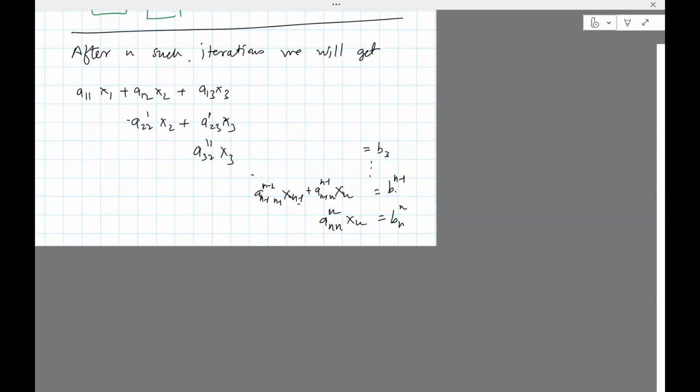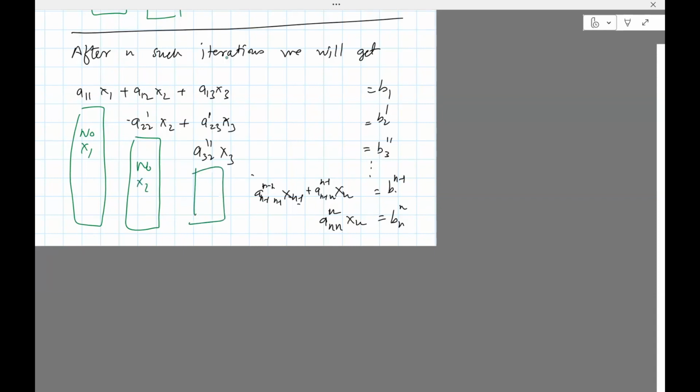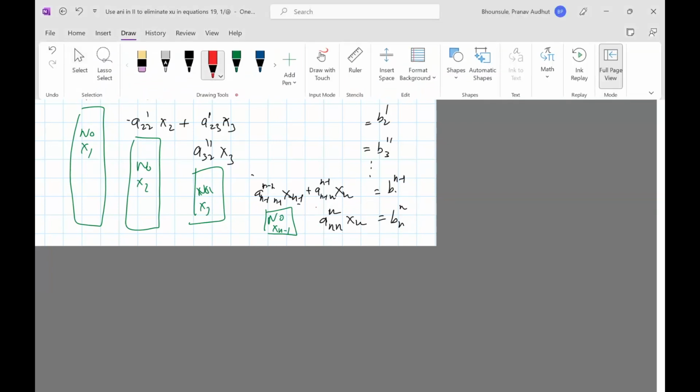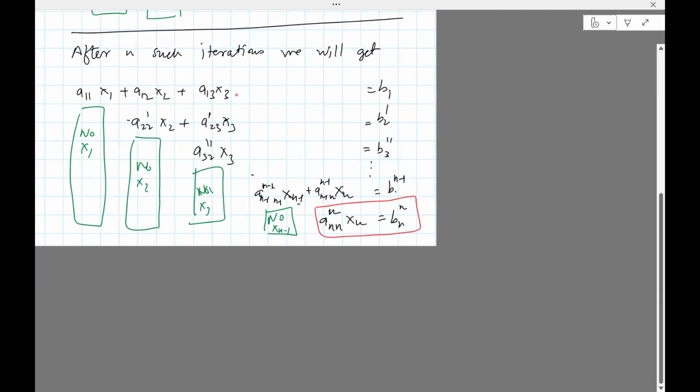Okay, so the key thing is no x1, no x2, no x3, so on till here we'll have no xn minus 1. And so this last equation can be used to solve for xn, because that equation has no x1, no x2, so on till xn minus 1.